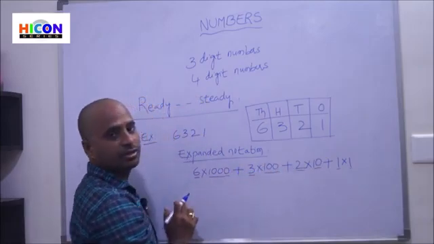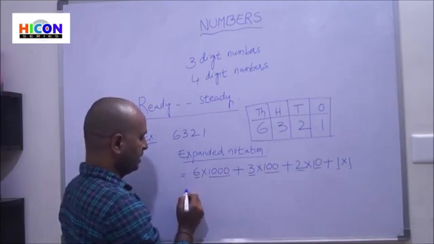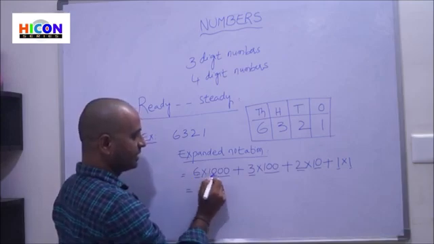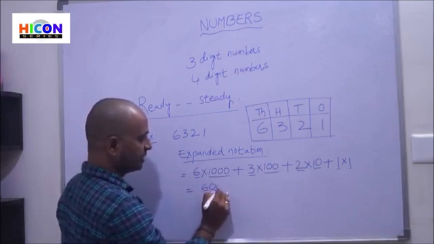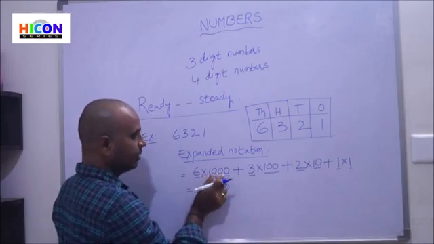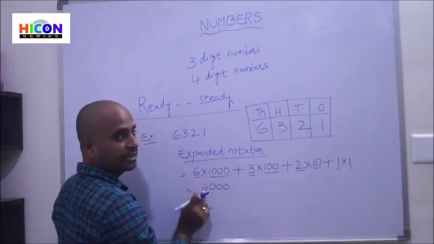If we multiply the values, 6 into 1000 is 6000. Simply remove the 1 and place the 3 zeros after the digit.